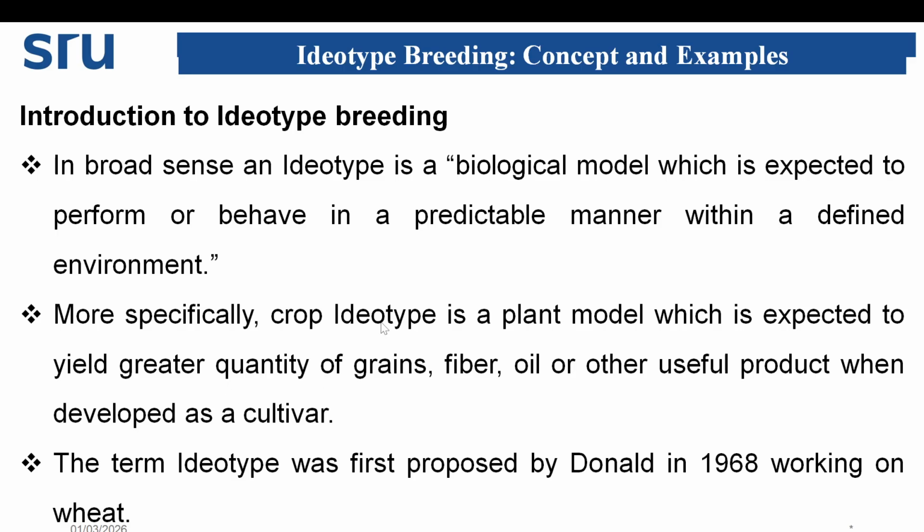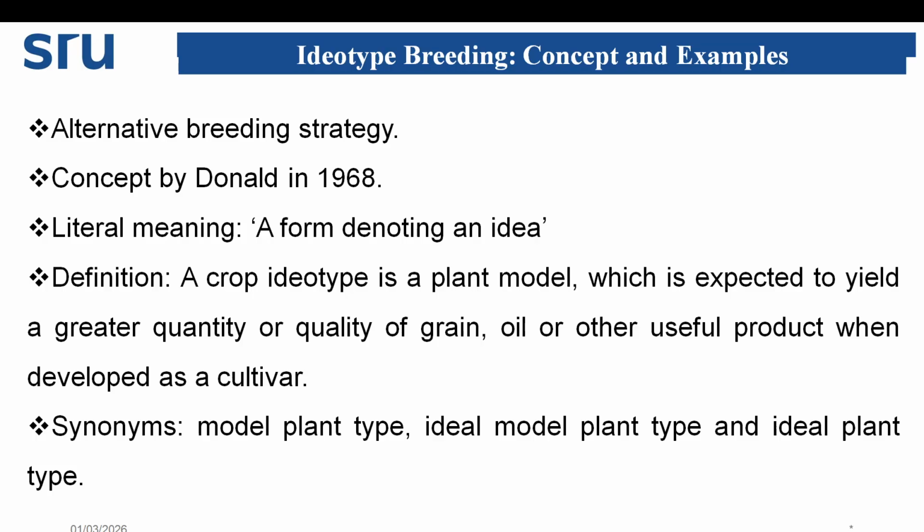This term ideotype was first proposed by Donald in 1968, working on the wheat crop. This ideotype is considered an alternative breeding strategy.